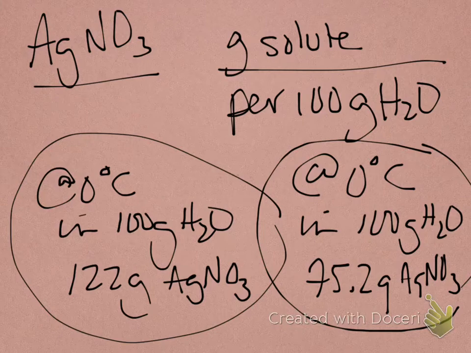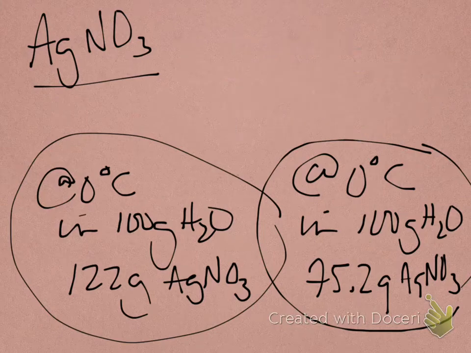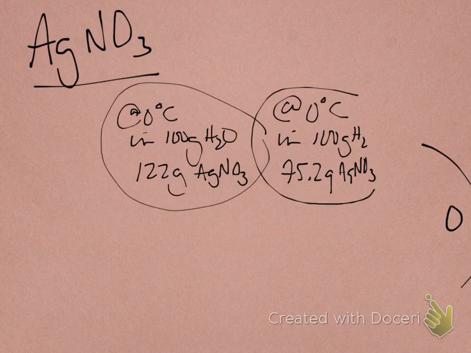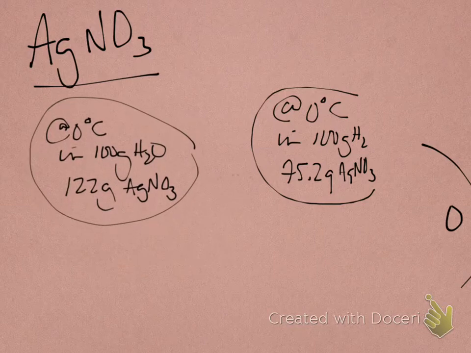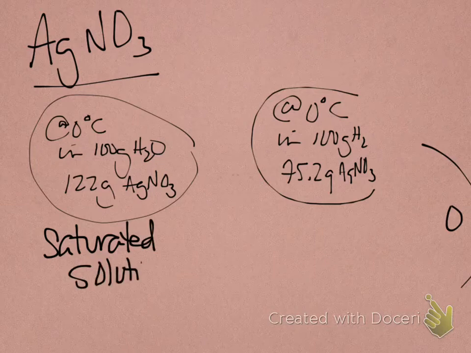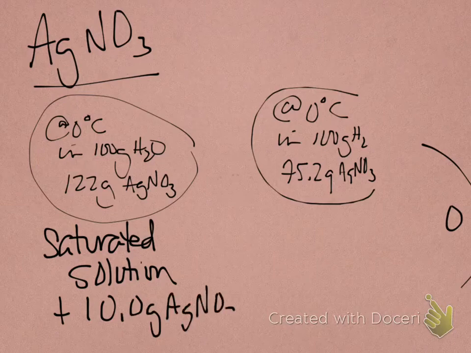So here comes the most interesting bit as far as I'm concerned. If I take this solution, the one with what we said was a saturated solution, and I keep it at 0 degrees, but I add 10.0 grams of silver nitrate, what's going to happen?